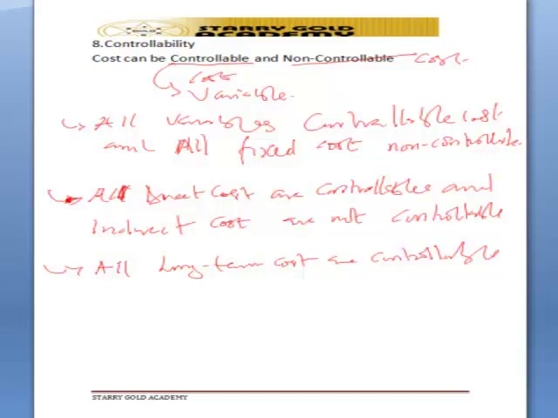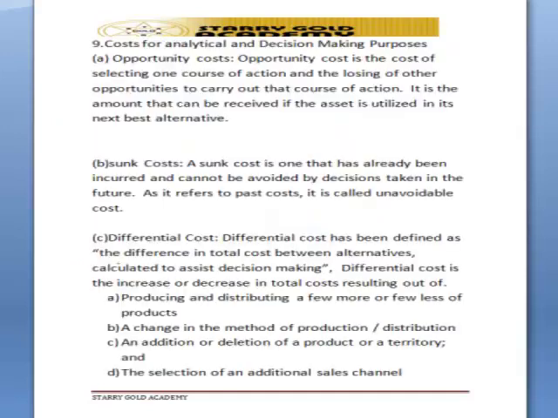Another form of classification of cost is classification based on analytical and decision making purpose. Here we shall be looking at what we mean by opportunity cost. What is opportunity cost?